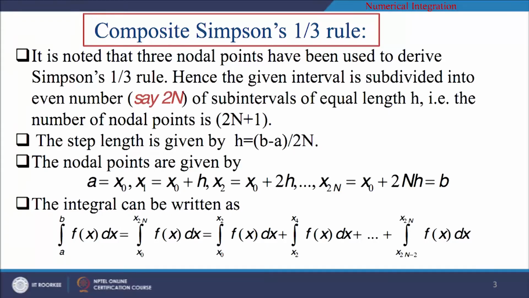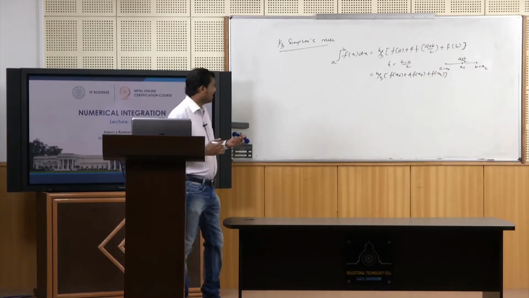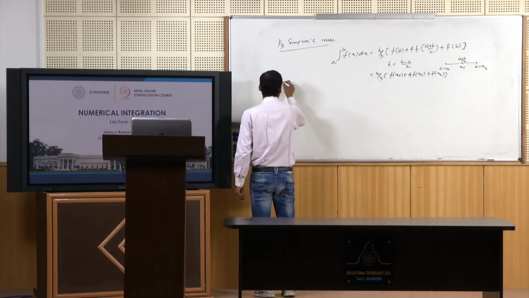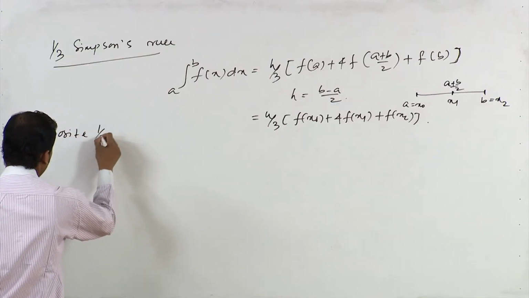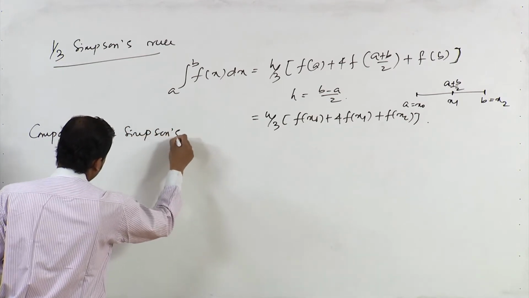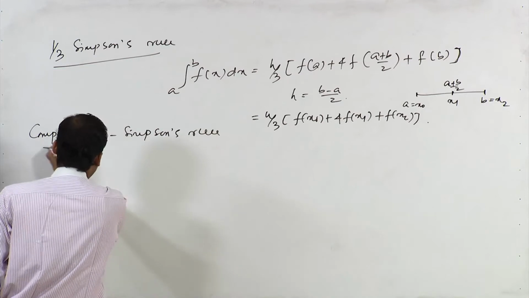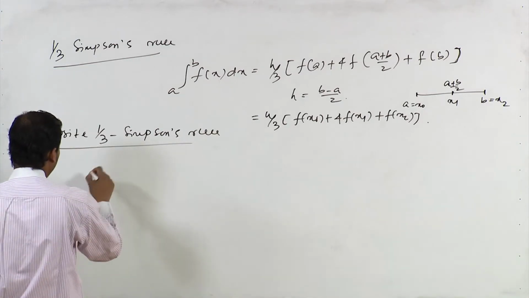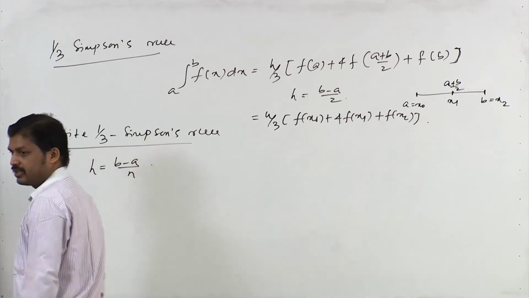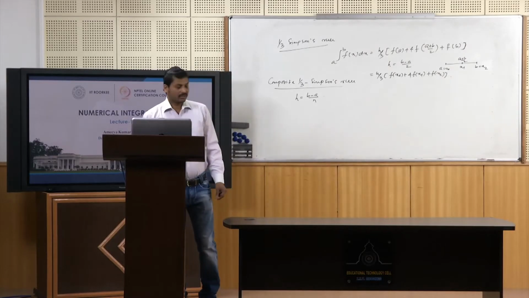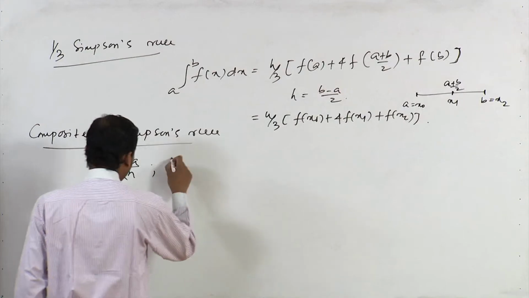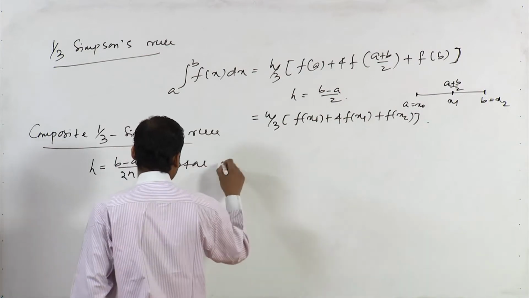And for the step size in the composite 1/3 Simpson's rule, we have to divide the total interval b minus a into n subintervals. This means we have to consider 2n, since the total number of tabular points is 2n plus 1.